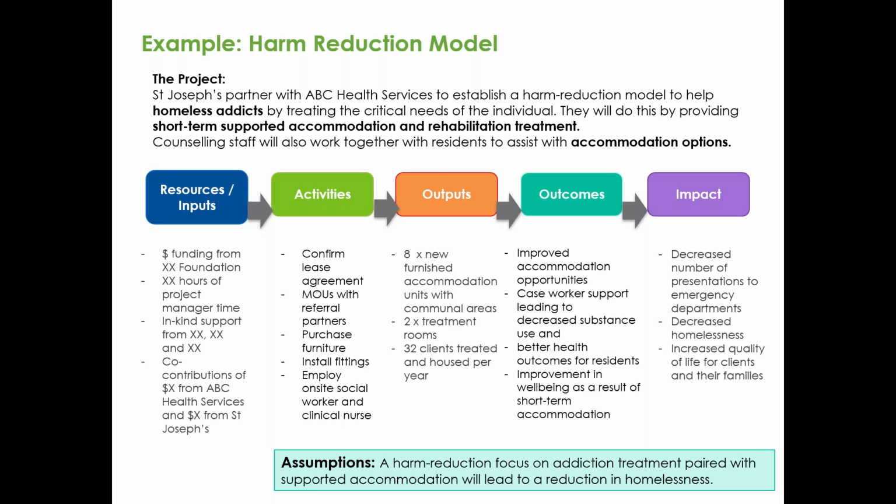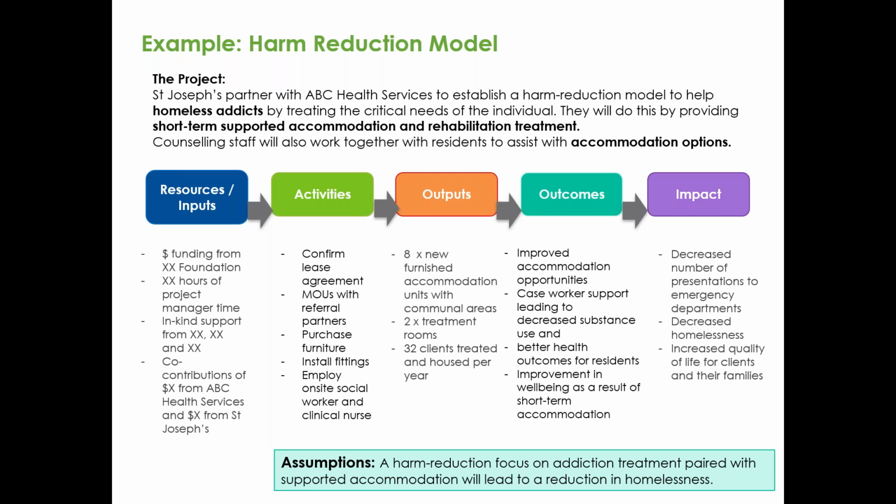So here you can see that the resources and inputs that we've defined are the funding requirements, the different staff members that we need, the in-kind support that we're getting from our collaborative organisation and any others.